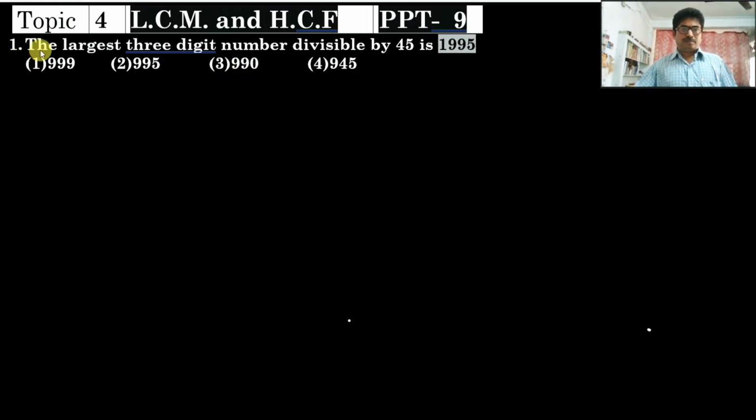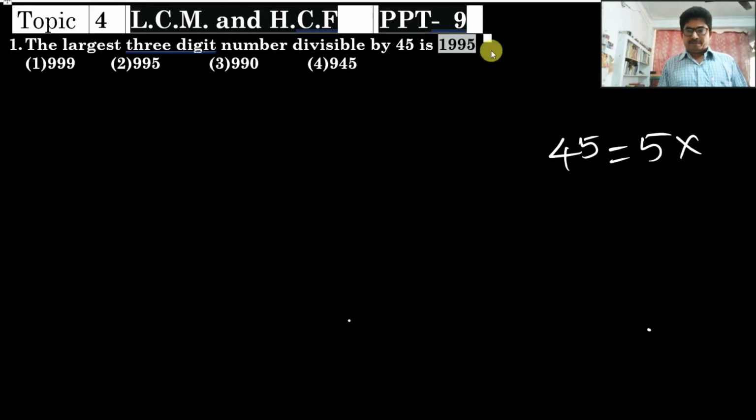First question: the largest 3-digit number divisible by 45 is... Children, we know the divisibility rules. If a number is divisible by 4 and 5 and 9, then the number is exactly divisible by 45.